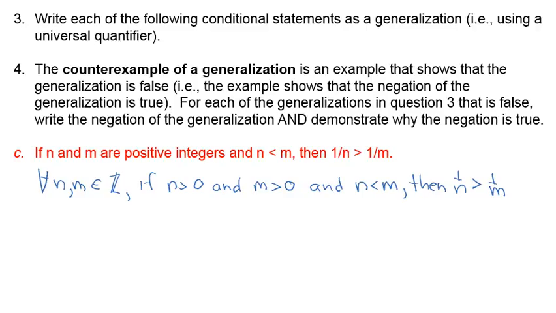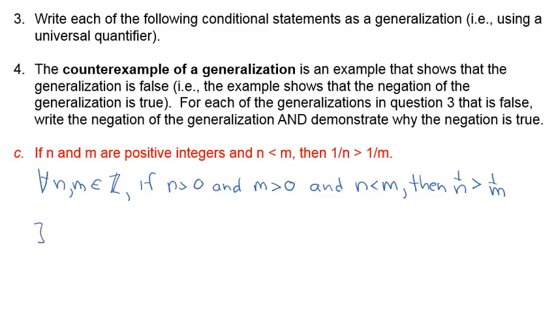Okay, so if n and m are integers, if n is positive and m is positive and n is less than m, then when we take the inverses, 1 over n is greater than 1 over m. Again, that's a true statement. If we thought that that was false, we'd have to say, what is the negation of that statement?